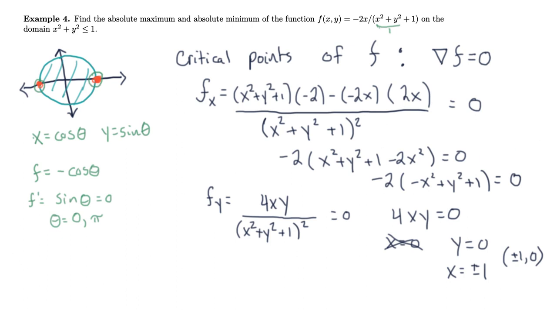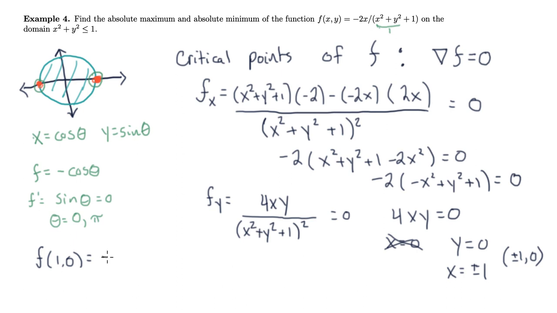Okay, so then I just need to test the only 2 possible points where the absolute max and absolute min can occur. So f of (1, 0) is going to be -2 over 1 plus 1, so 2, so -2 over 2.